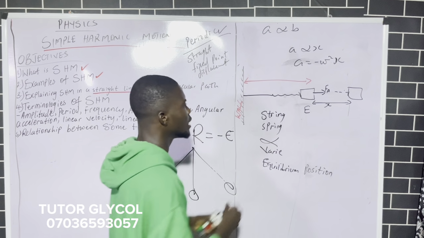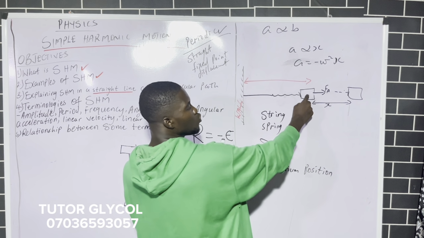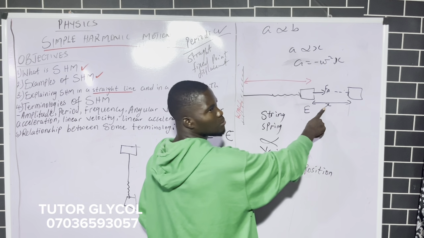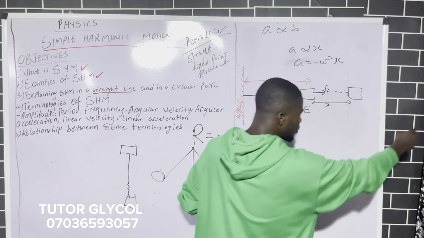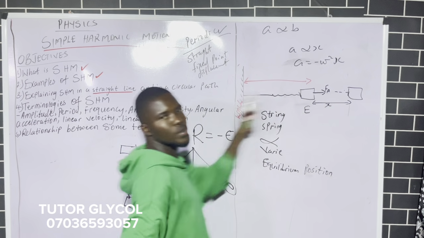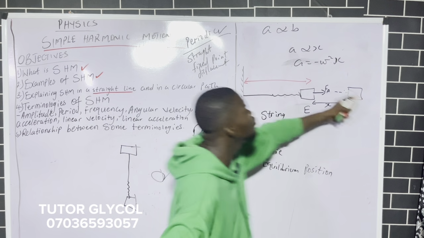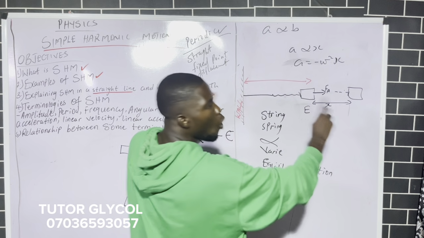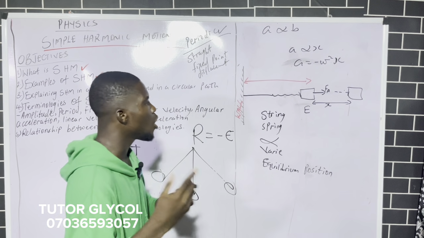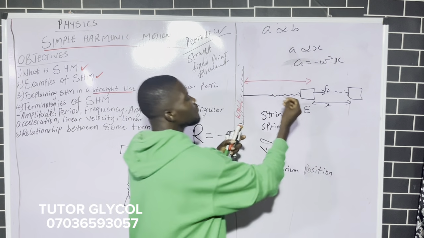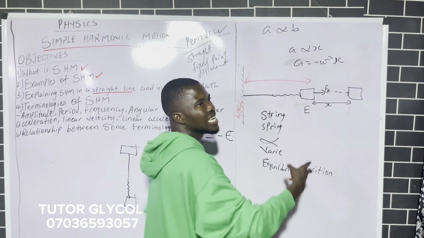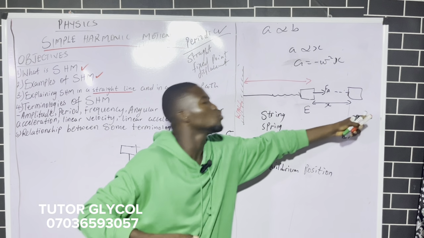Now let's watch something. If we pull the object with a force towards the right, what direction is the displacement? Right. Then if you leave it, what direction will be the acceleration? Left. So acceleration is moving to the left, displacement is moving to the right, because both of them are opposite. And we have also established that the farther the object is from the equilibrium position, the higher the acceleration it will use to come back.